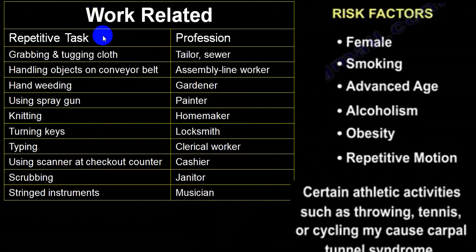Work related, repeated tasks like profession, tailor, sewing machines, then handling objects on a conveyor belt, assembly line workers, gardeners, painters, homemakers, locksmiths, clerical workers, cashiers, musicians, etc. These are all the people who do a repeated movement at the wrist joint, and they are more prone to get injury and hypertrophy of the transverse carpal ligament.